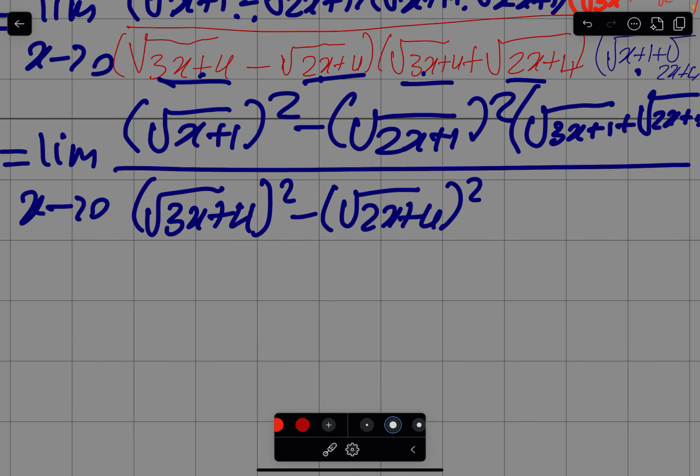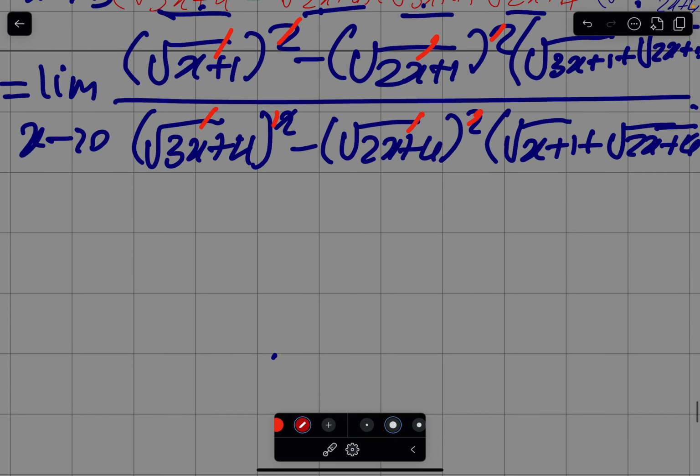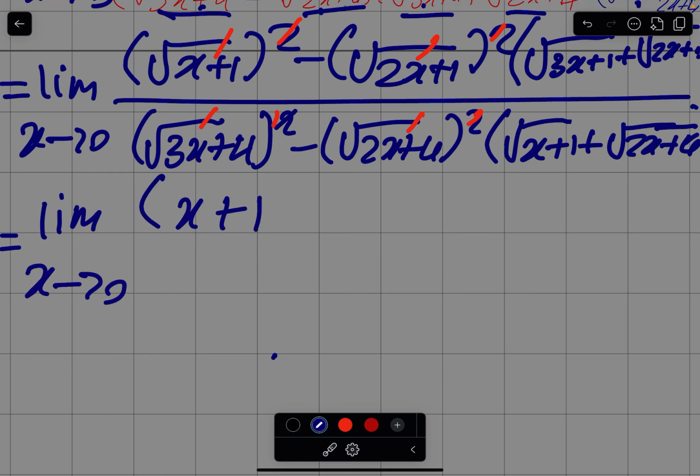Understand? Therefore you are remaining with this one, which is square root of x plus 1 plus square root of 2x plus 4. Therefore this one cancels that one. That's the main purpose there. You're going to remain with the limit as x approaching 0. You're going to remain with x plus 1. Brackets are very important.